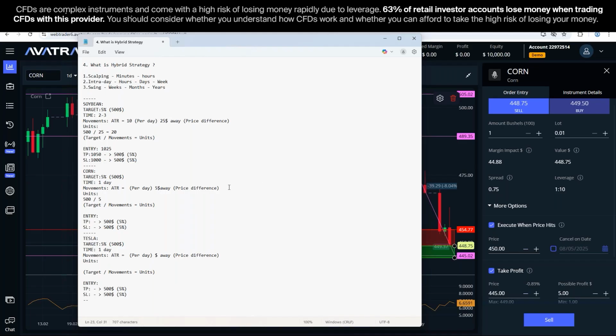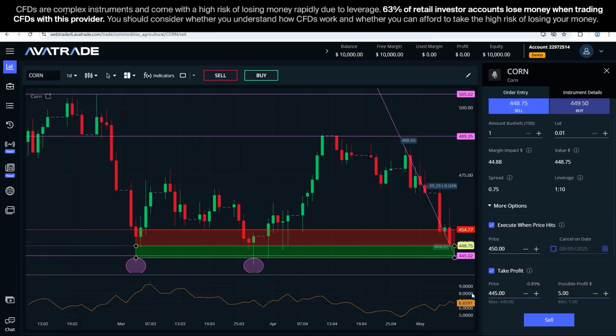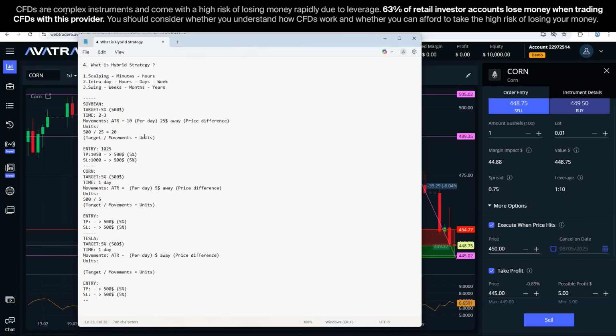Okay, and we are also going to confirm it with the ATR the same way we did with soybean. In this case, just a second. In this case, we're going to look at the ATR, and the ATR is even better, 6.6. So we selected 5, and that's not bad at all. So it's in our range.